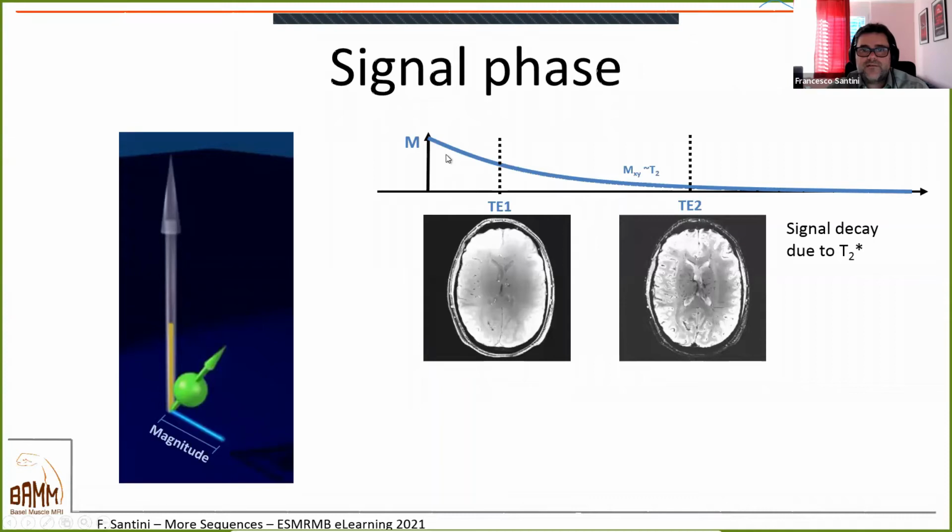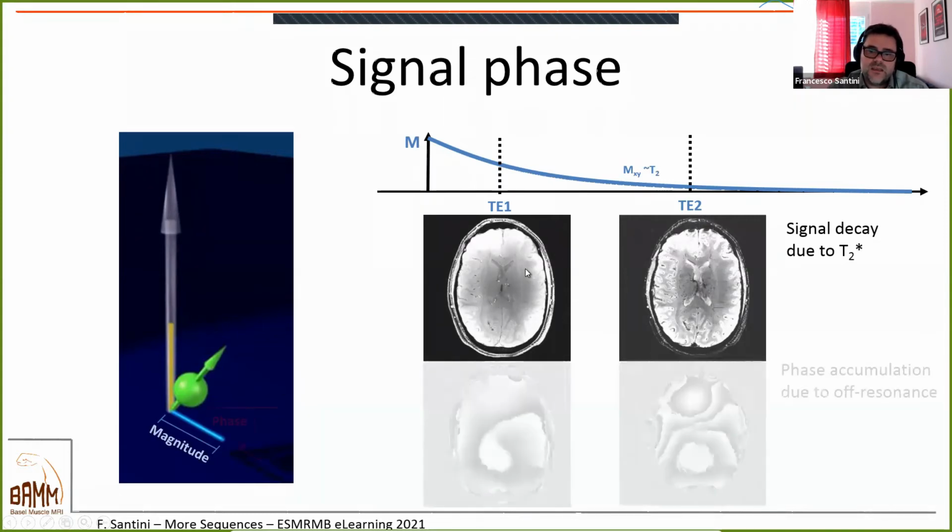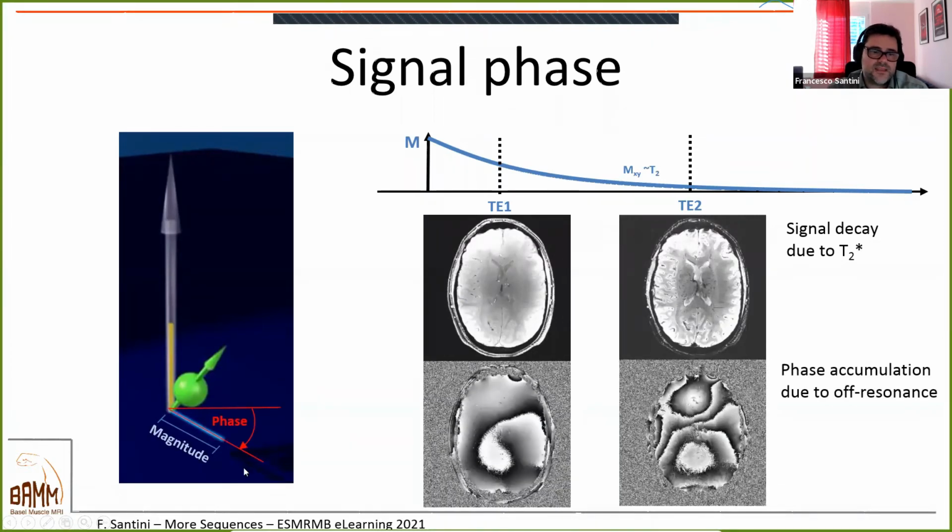When you have a double echo experiment, usually what you see is the T2 decay or T2 star decay, depending if it's a spin echo or gradient echo. Let's say it's gradient echo, you have your T2 star decay, TE1 and TE2. But what you don't see is the phase component of the signal, which measures how much the spins have traveled since the excitation.